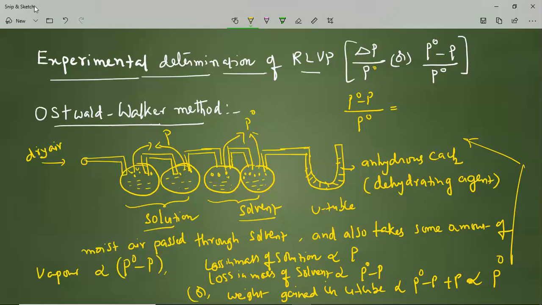So finally, P naught minus P is equal to the loss in weight of solvent, divided by P naught, which is nothing but the gain in weight of dehydrating agent, that is, the gain in weight of the CaCl2 tube or U tube.